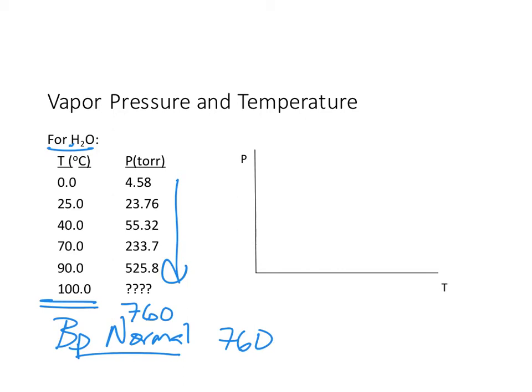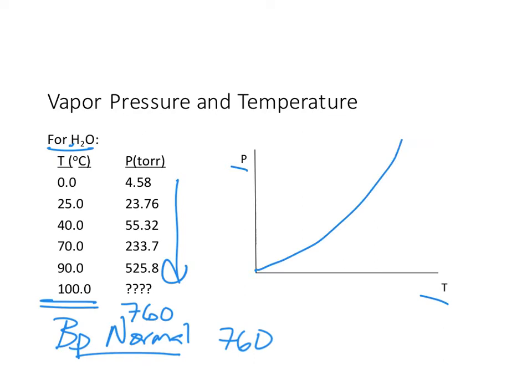All right, let's come back to the numbers I'm showing here in the chart, because what we're going to do is cartoon the trend in those numbers on the axes on the right. As you can see here, I have pressure and temperature. If you pay attention to the temperatures and the pressure, you'll see obviously the pressure is going up as the temperature is going up, but it's not going up in a linear fashion. It's kind of going up at an exponential rate.